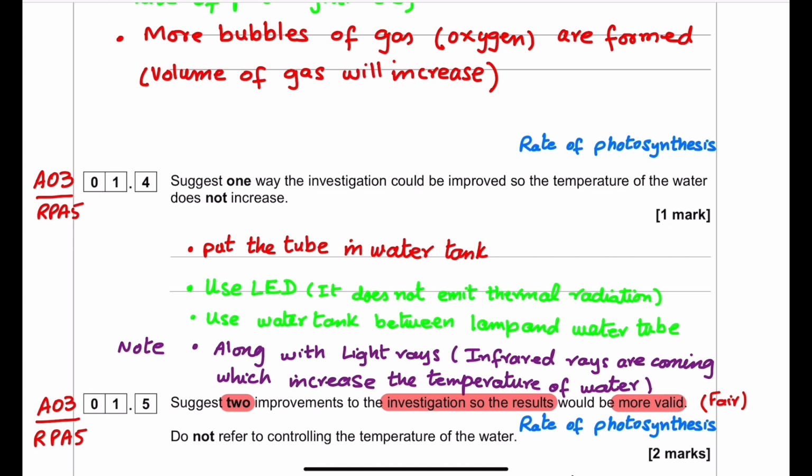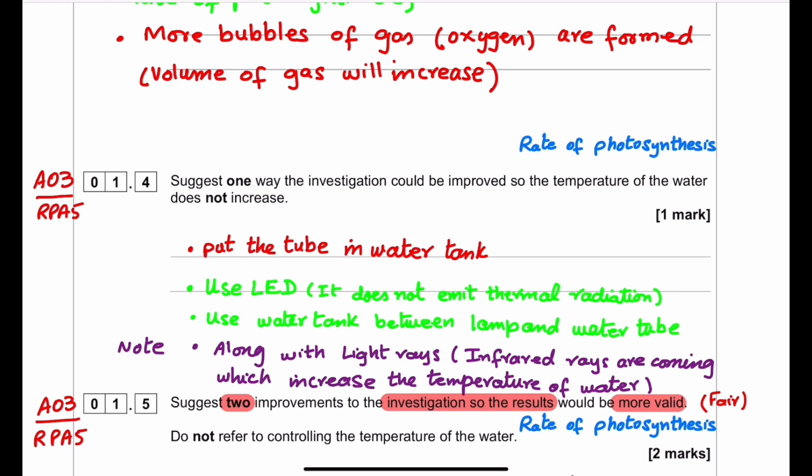There are two ways the student can improve the investigation. Number one, measure the volume of gas collected in a gas syringe or measuring cylinder. Repeat the experiment and calculate the mean volume of the gas.